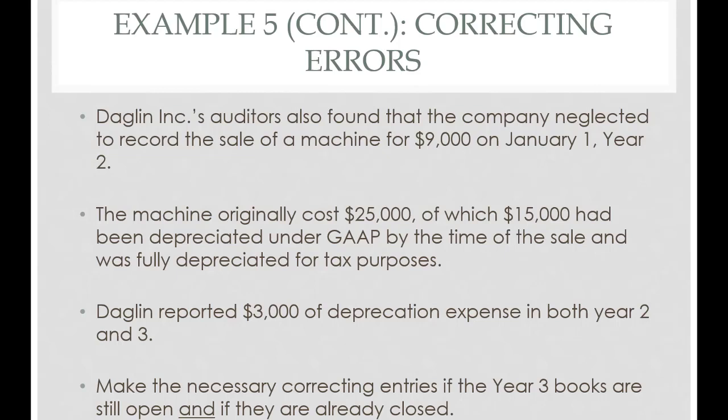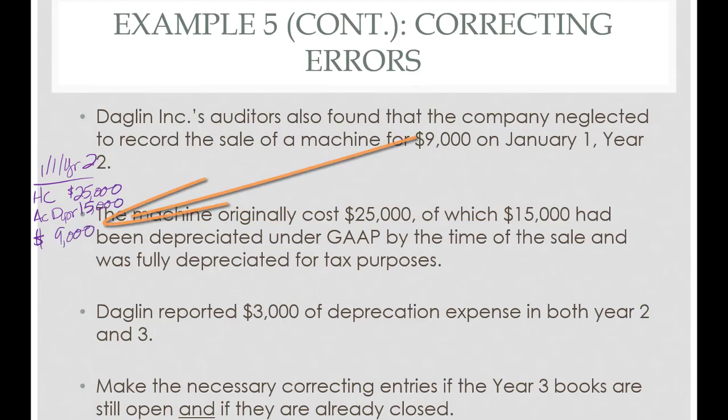So first things first, we need to pull out some key numbers here that we can use in our calculations. On January 1 of year 2, we had historical cost of $25,000. We have accumulated depreciation of $15,000 that should have been eliminated, and we had cash of $9,000 that came in.